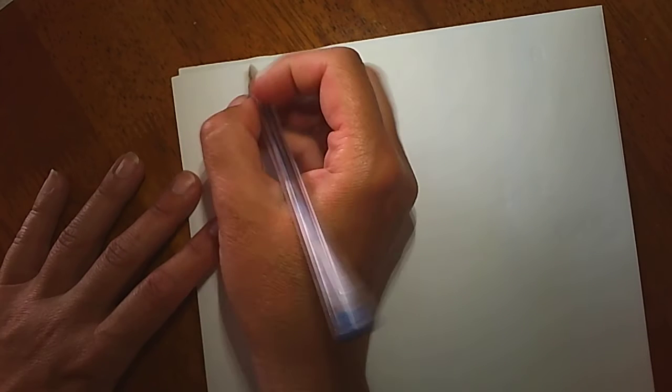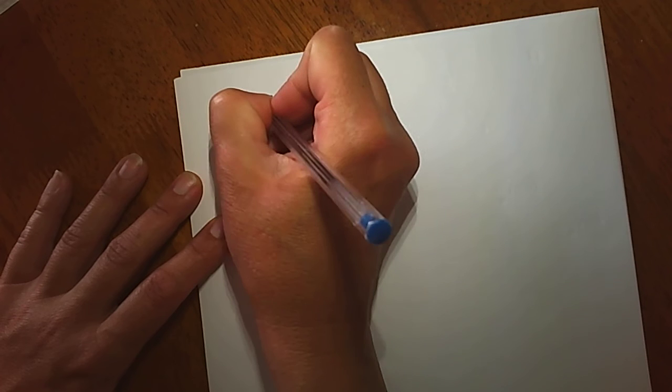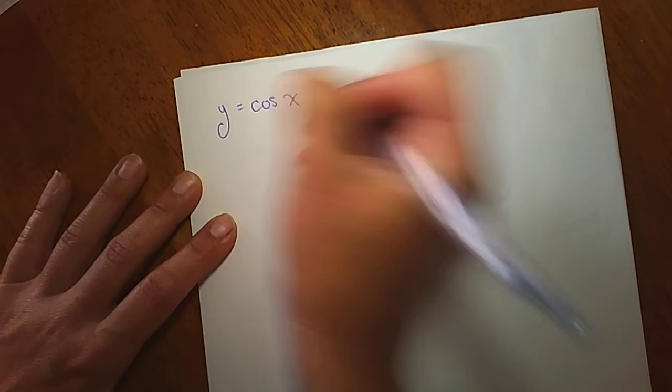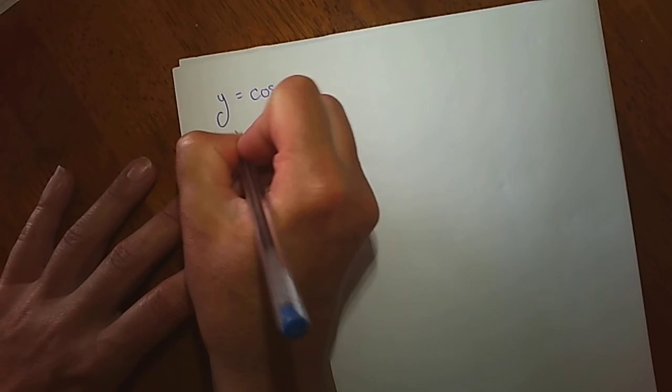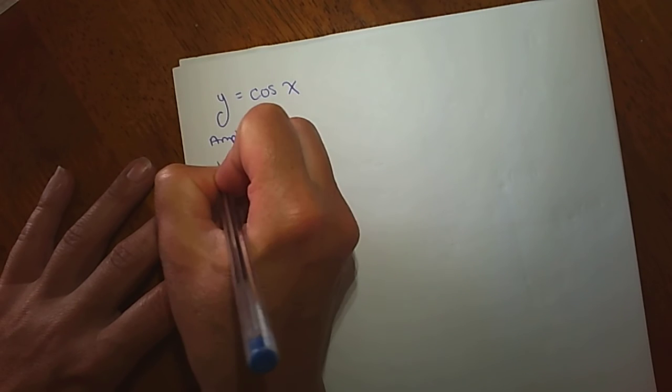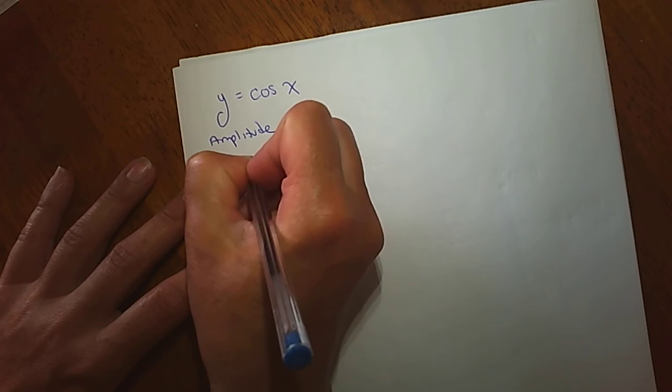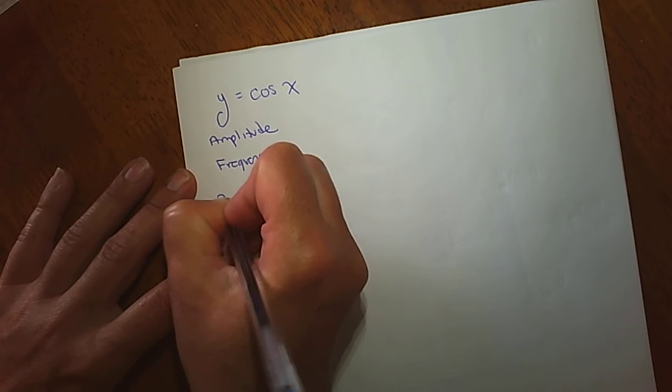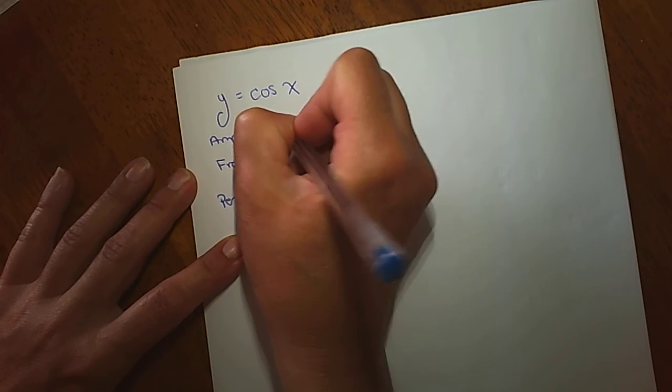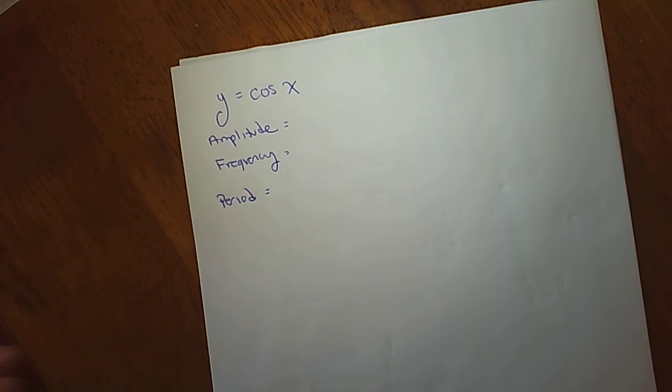Okay, so now we're going to try that again with cosine. Let's do y equals cosine x. And what I'd like you to find is the amplitude, the frequency, and the period. All right, so take a second and see if you can find those 3 numbers for me.